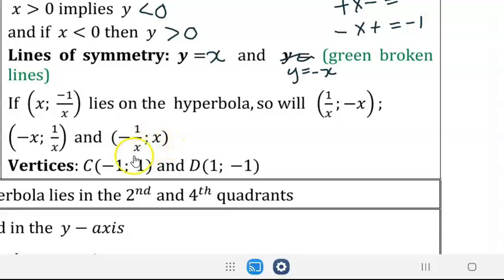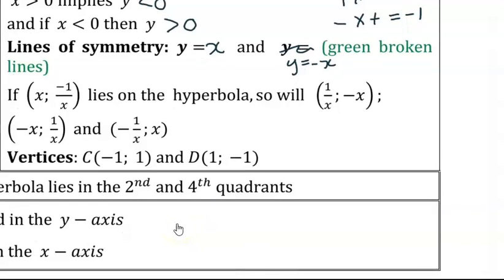In this case, we will have the vertices at minus 1, plus 1 and plus 1, minus 1, and we will show how we got to that in a while. And for negative k, I will always have my hyperbola in the second and the fourth quadrant.